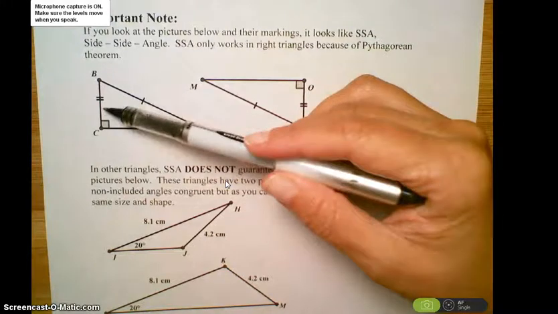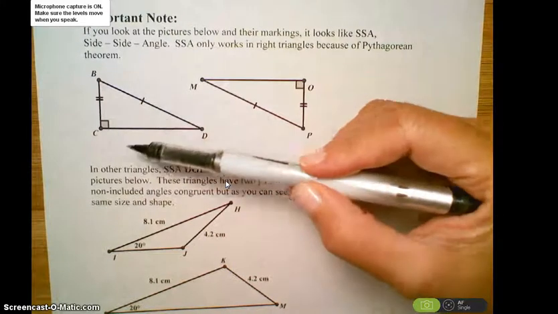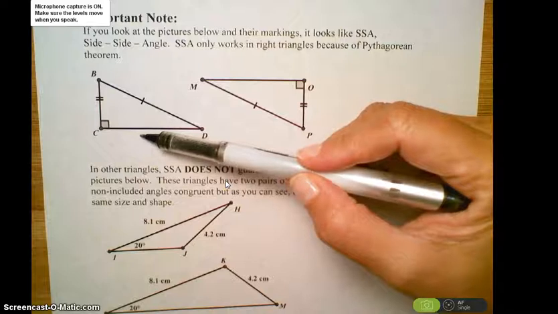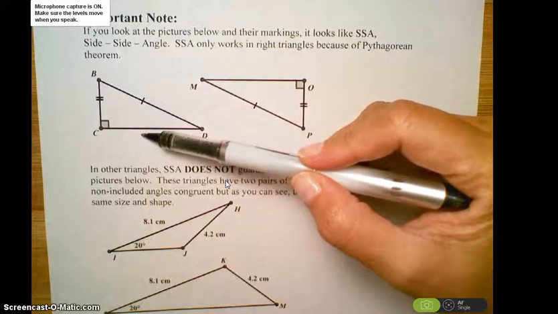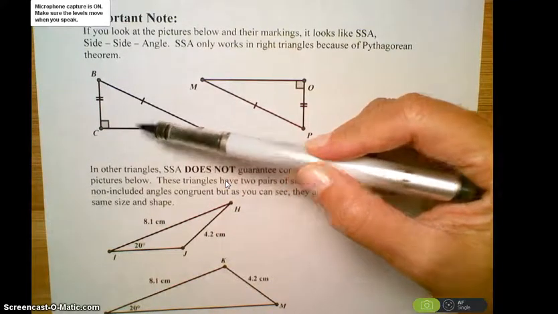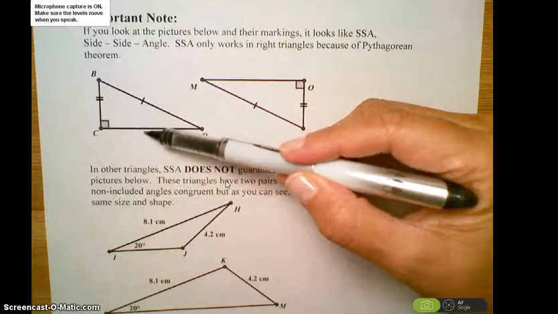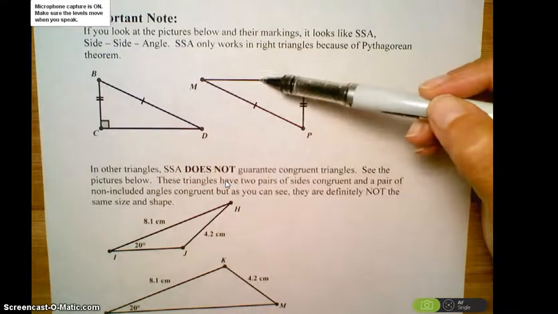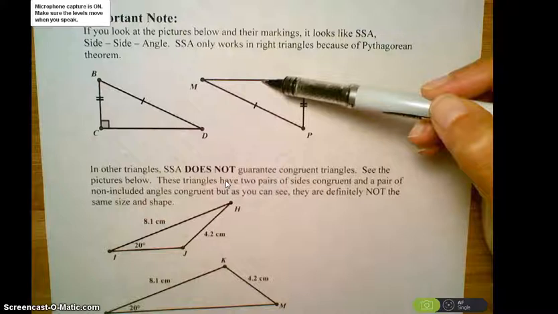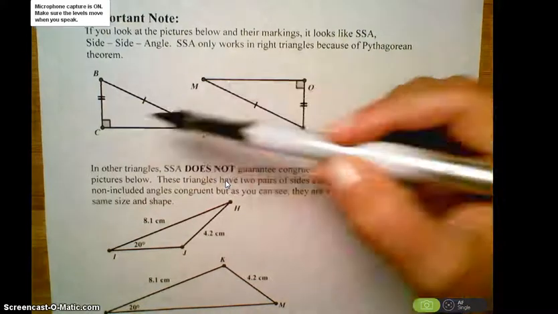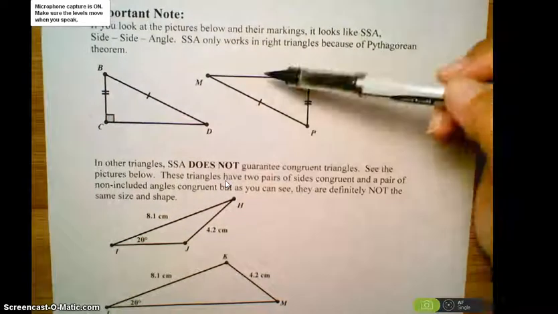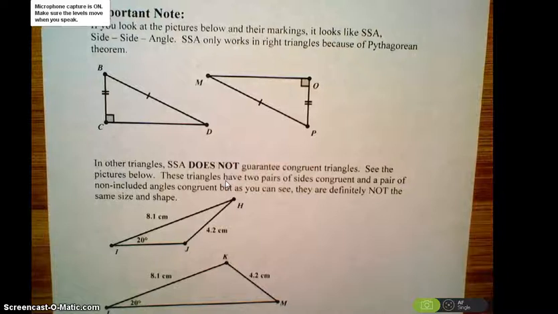Therefore, if we lock in two sides, there is only one possible answer for the length of the third side. If that's the case, you're guaranteed that the third side of this triangle will equal the third side of this triangle, and your markings then become side-angle-side. And of course, we know side-angle-side works.